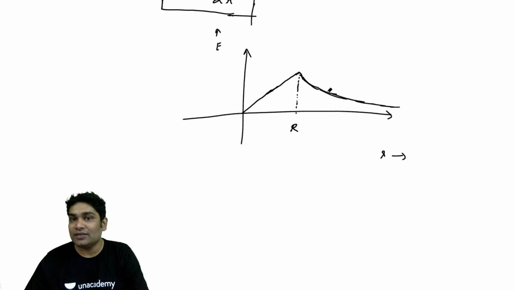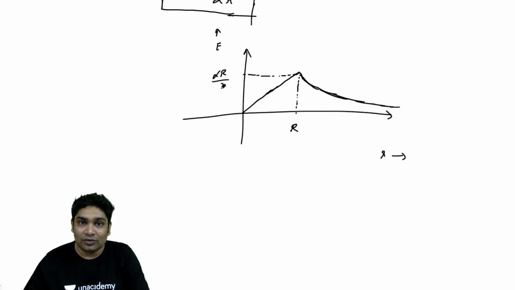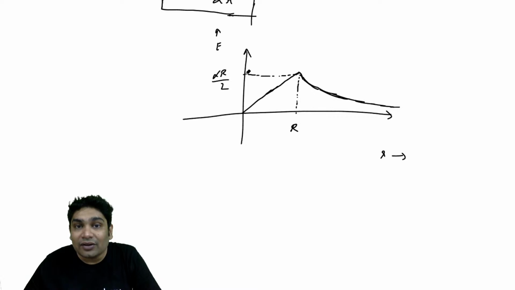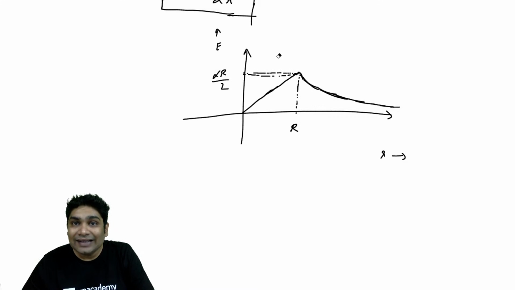So this is the variation of E versus r, and this is alpha R over 2. This is where the two formulae coincided for you, and that is how the variation of E with r would have looked.